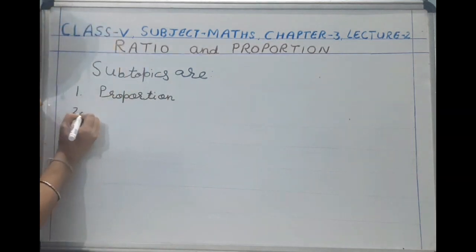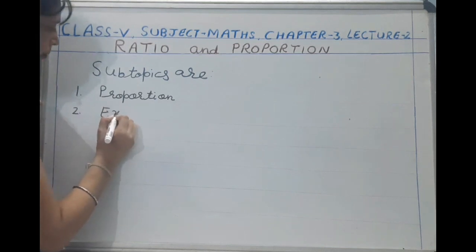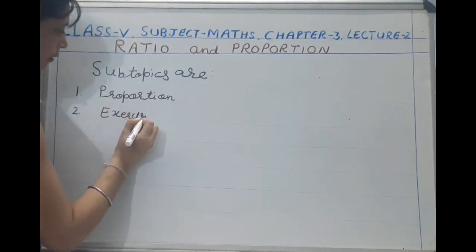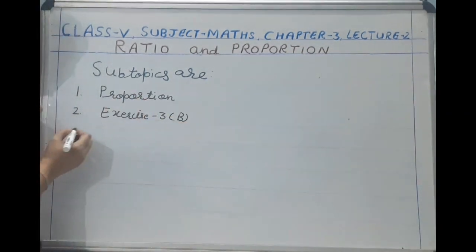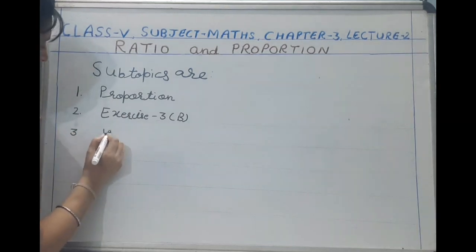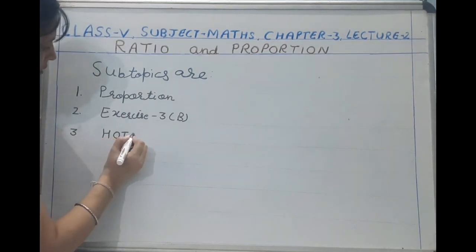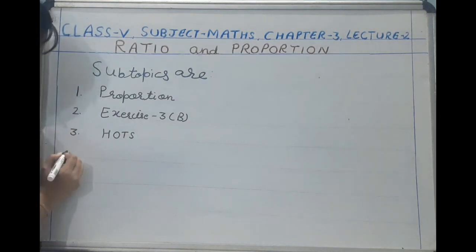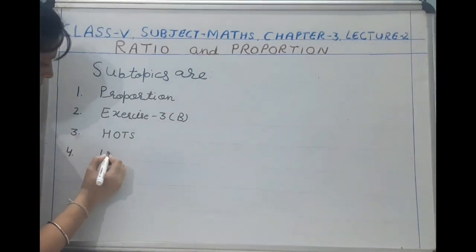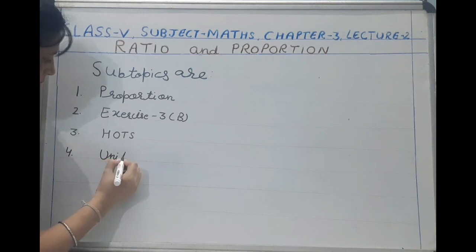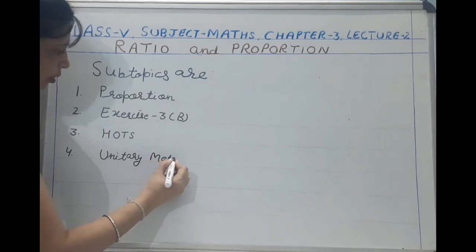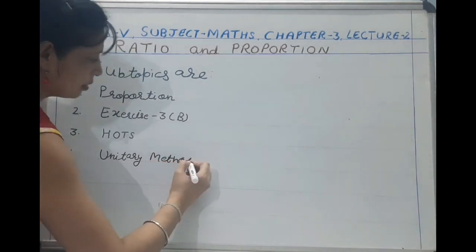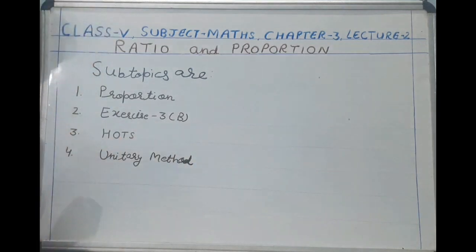Then the exercise related to this proportion, exercise 3B. And with this we will do HOTS. HOTS questions are also given after exercise 3B. And we will also start unitary method. So these are the subtopics.